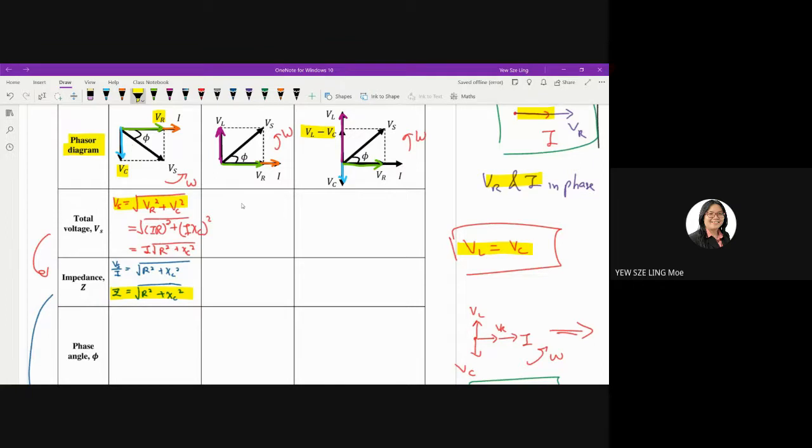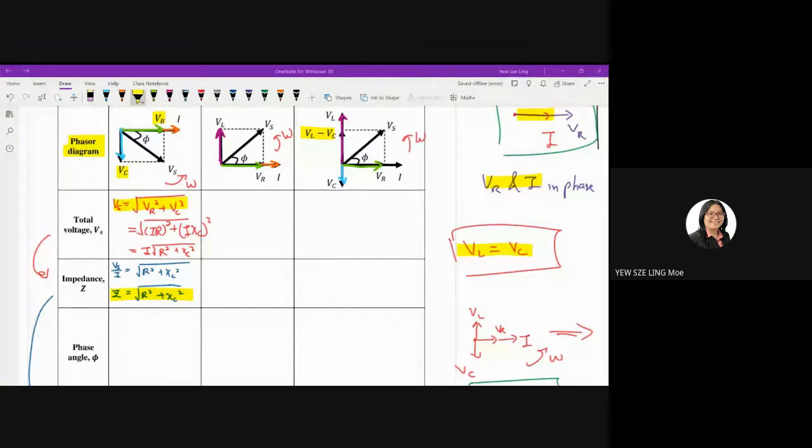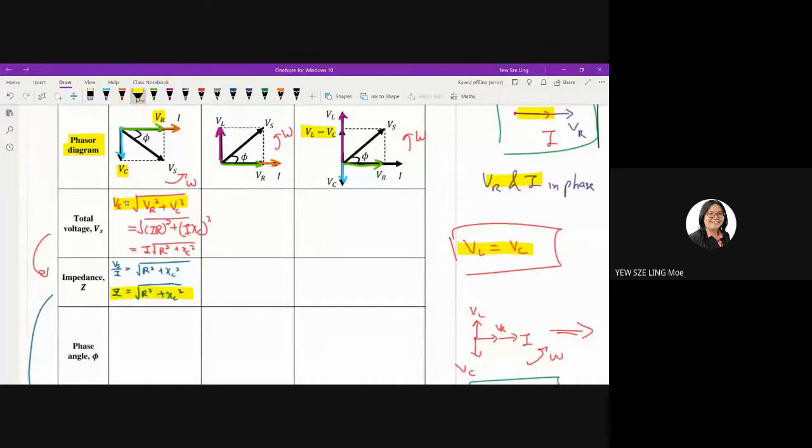That's why I keep telling you guys the phasor diagram is the most important. When you have the phasor diagram, you will know how to calculate VR, how to calculate Vs, how to calculate Z, and also the phase angle. By looking at the phasor diagram, I know my resultant voltage, my total voltage, is somewhere in between VR and VC.